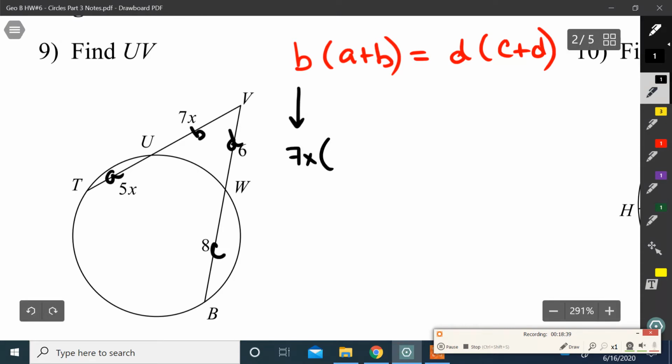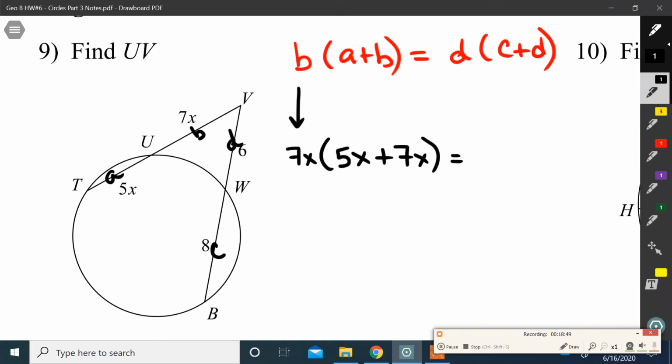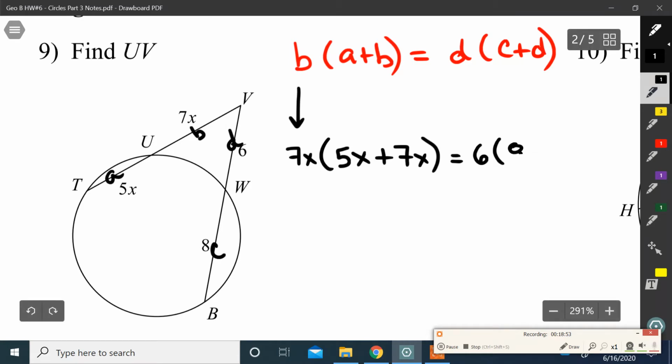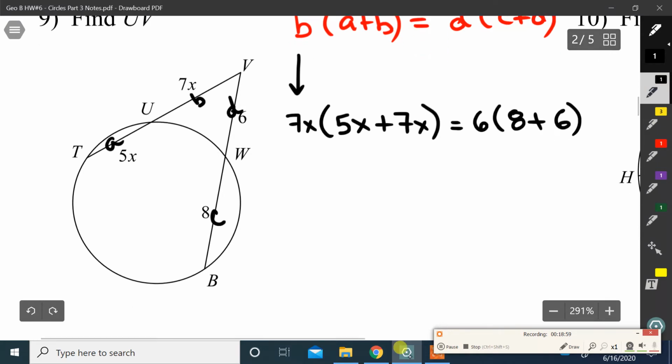We have a is 5x. We have b, once again, is 7x. Then we have d is 6. C is 8 plus d again. Alright, let's figure this out. Let's combine like terms.